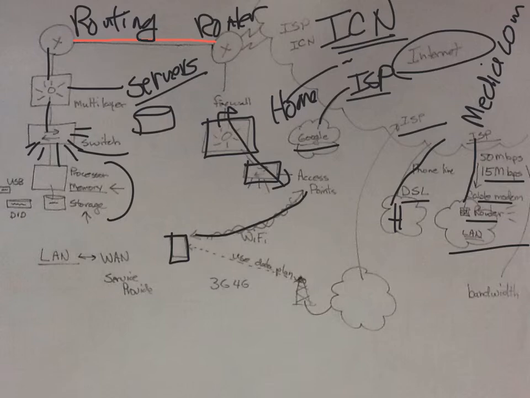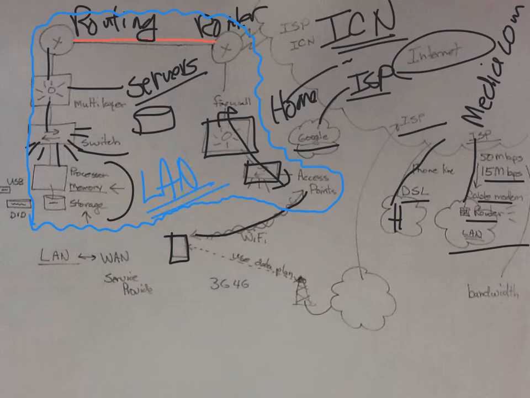These are all on campus, so I can draw a little circle around this. This is all on campus, so this is our little cloud. Could make a song like that. Okay, connecting all that stuff. So that's a local area network. And that's the one here at NIACC, a LAN, local area network.